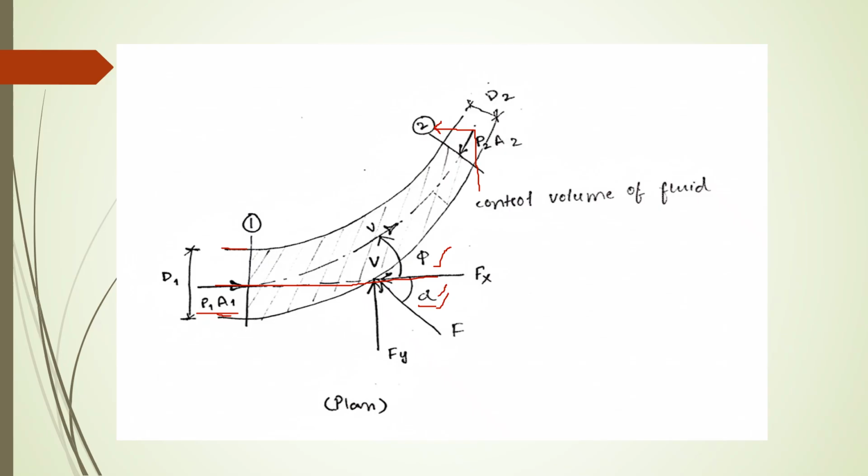So we have the P2A2 cos component and the P2A2 sine component, and in our derivation we need to incorporate these components. Similarly for velocity, here we have only V1, but for V2 there should be two components, V2 cos theta and V2 sine theta, with their respective directions and symbols.